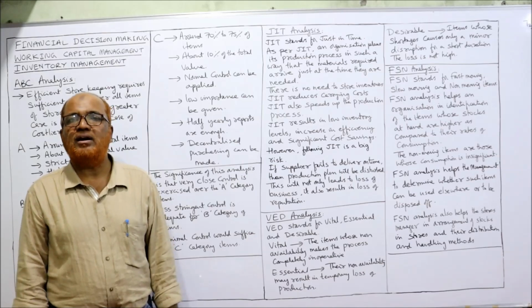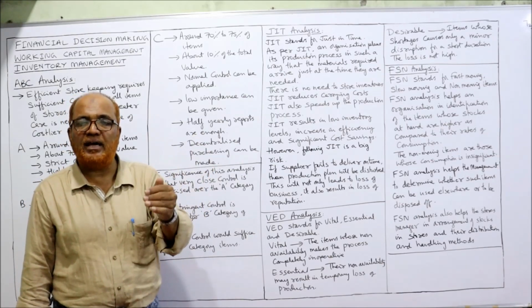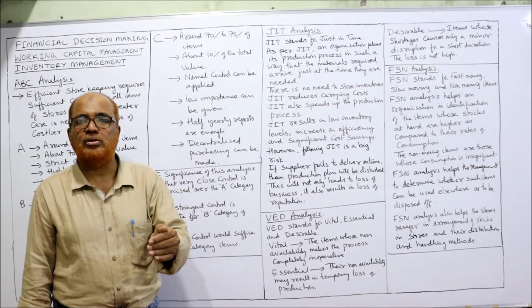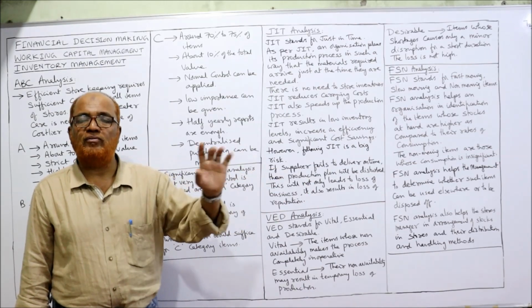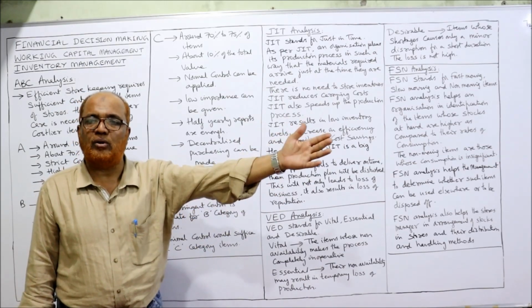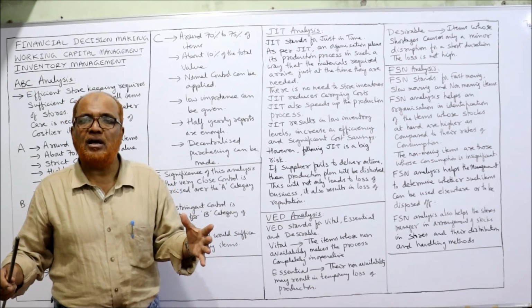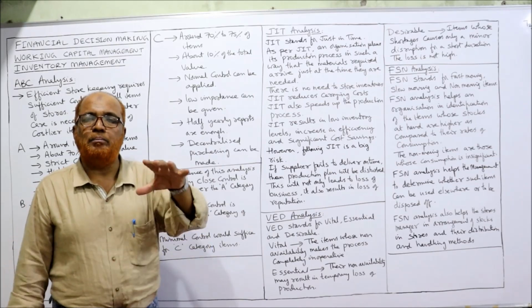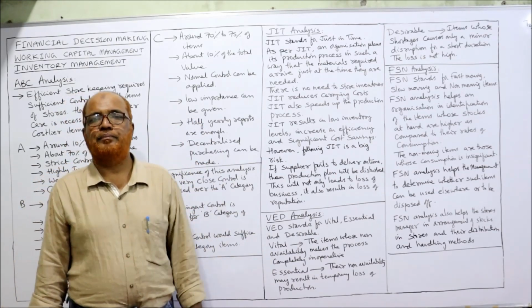But the disadvantage is, suppose the supplier fails to supply the goods on time when it is needed, then production will be stopped. When production is stopped, we cannot deliver the goods to the customer. We will lose the income. Apart from that, the business will lose its reputation.